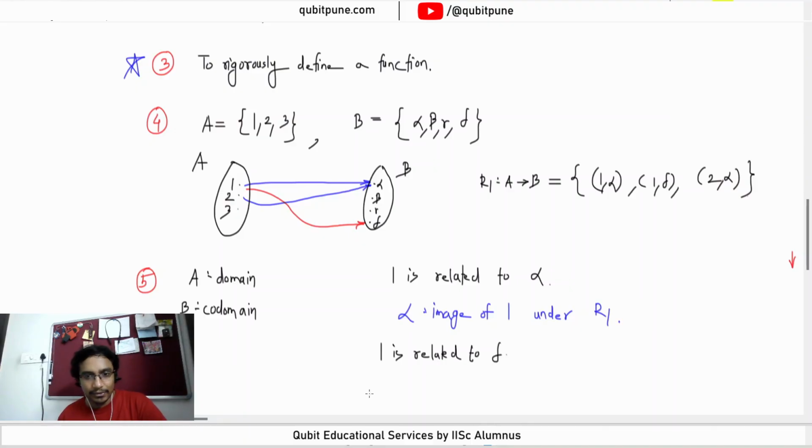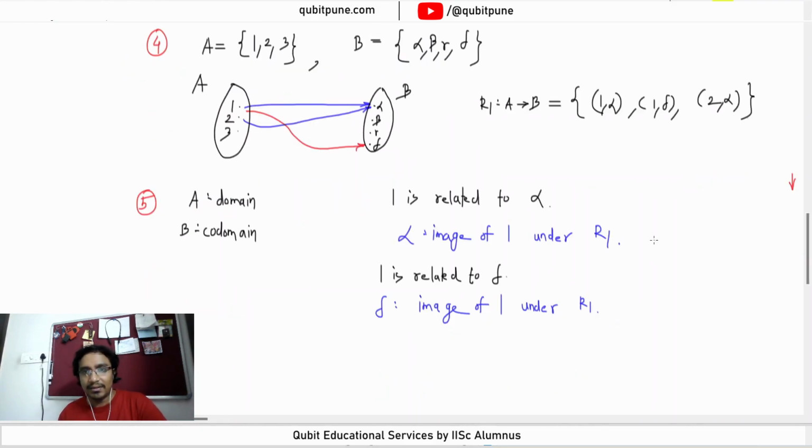So delta is also an image. Do you know what 1 is called? 1 is called the pre-image.